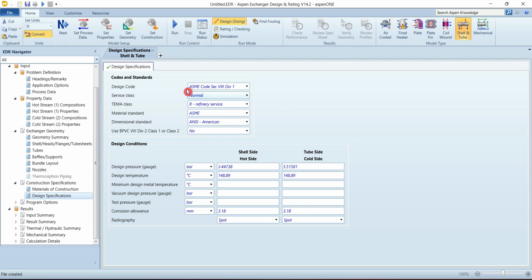So these two standard codes are pretty important when we are sizing the shell and tube heat exchangers. If you are working with the different standards, it has to be taken very carefully. Material information is taken from the ASME standards.